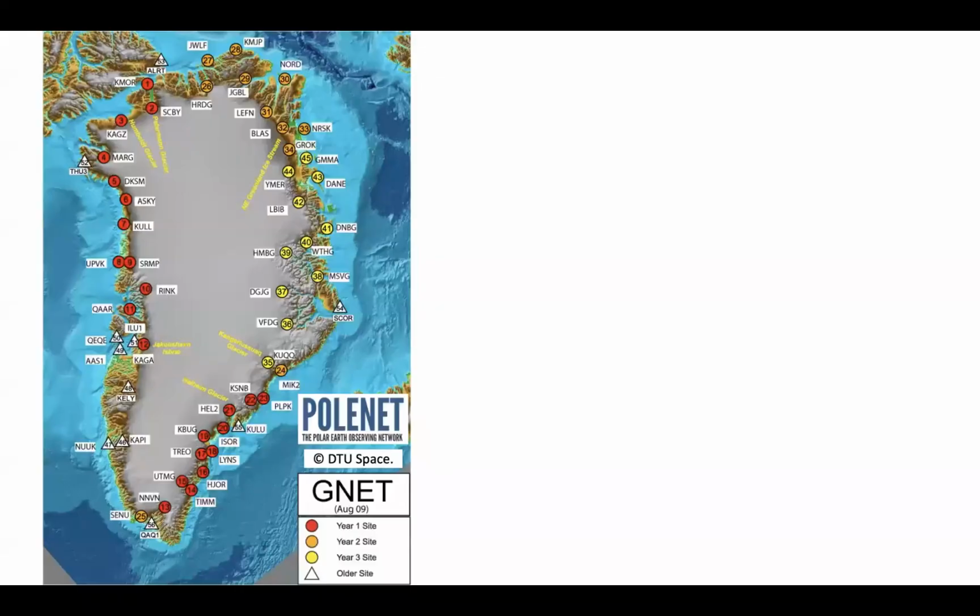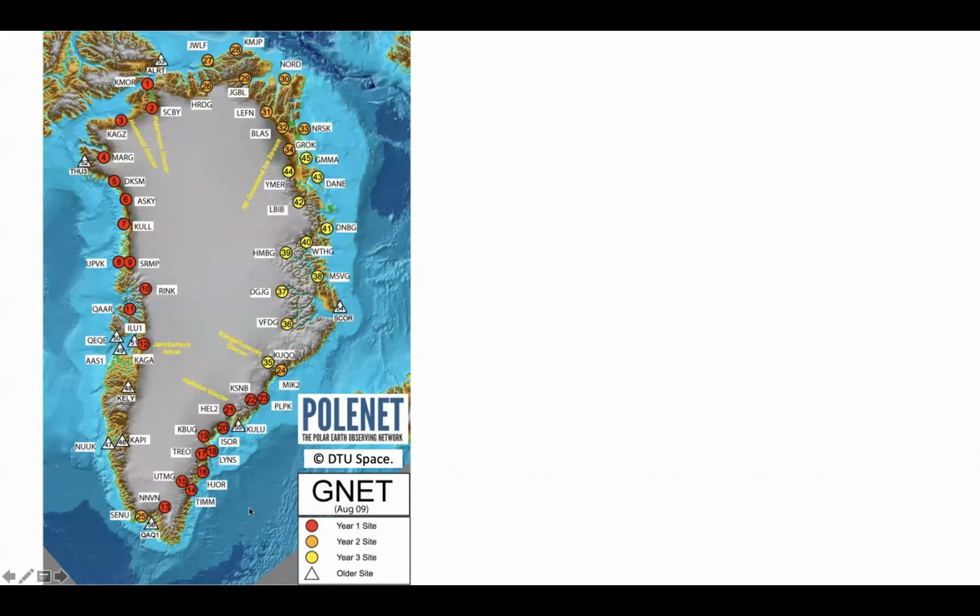So as I said earlier, this talk revolves around the bedrock GNSS data. So it is really appropriate to show the present configuration of GNSS stations in Greenland. This network of GNSS stations is formally called GNet, the Greenland GNSS Network.